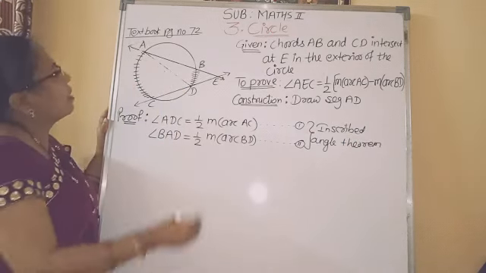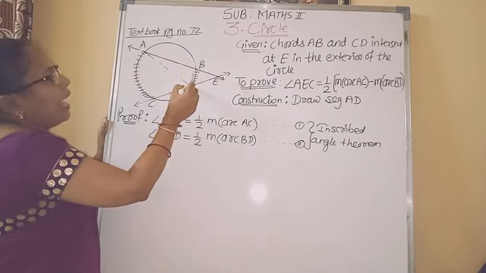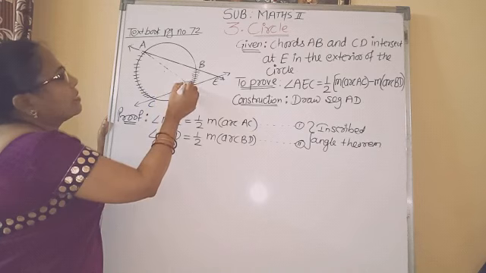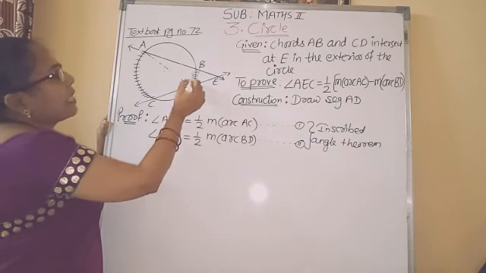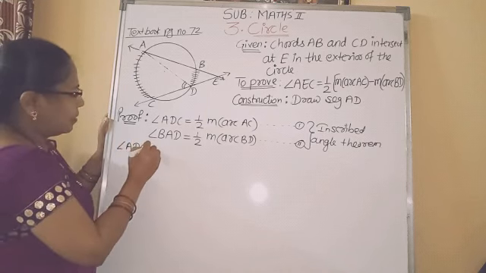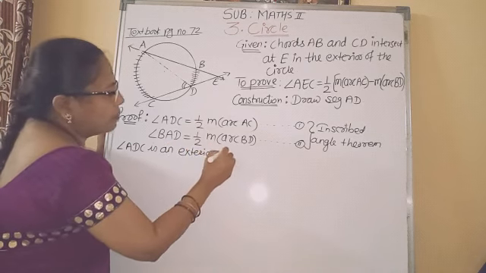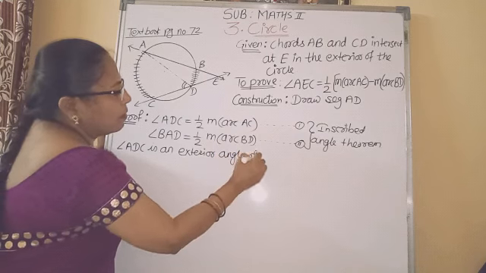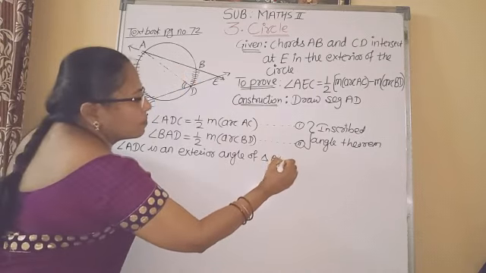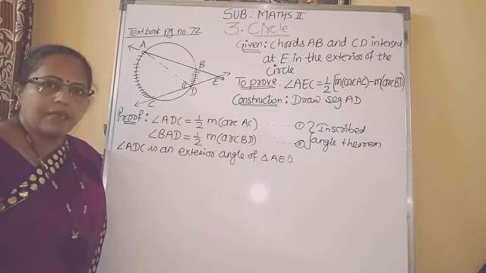Okay. Now here you can see there is one triangle AED and the angle ADC, this angle, is exterior angle of this triangle. Angle ADC is an exterior angle of triangle AED. So here we can use the remote interior angle theorem.